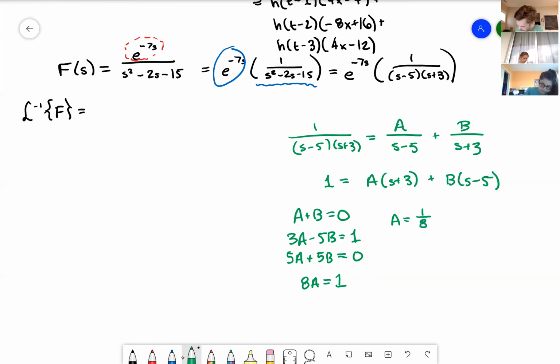Sometimes I'm amazed that I do the same problem in two ways that seem like completely unrelated, still get the same answer. Like magic. Okay, B is negative 1/8. That's easy to see from this equation.